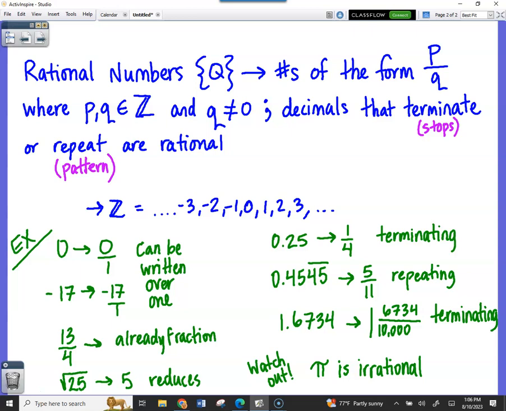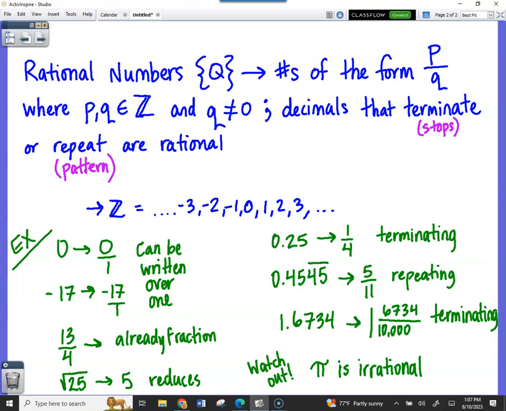But the number on top would still be 3.1415, and so on. No pattern, no end. Even though there's a 1 underneath there, you still have the problem with the top. So anything with pi is irrational, so be careful. Although pi is a pretty symbol, it is an irrational number.